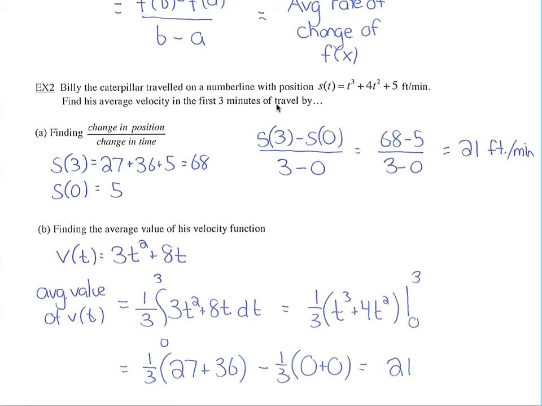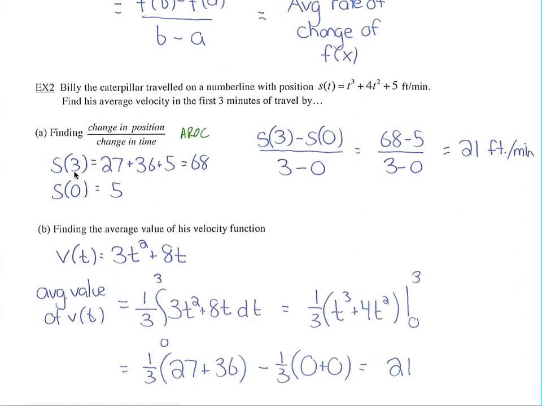The first way is by finding the caterpillar's change in position divided by the change in time, which is AROC, average rate of change. So we're looking at the interval of the first 3 minutes.